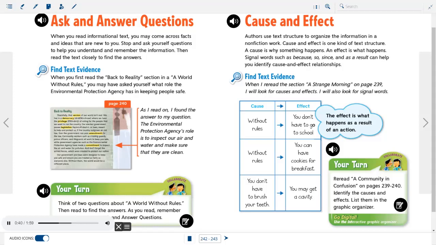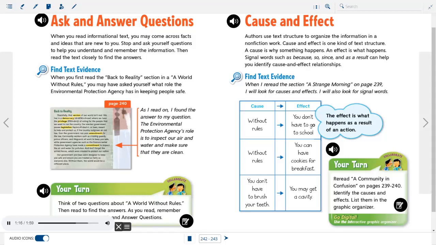Back to reality. Thankfully, that version of our world isn't real. We live in a democracy, where we have the privilege of voting for the people that we want to run the country. Our elected government passes legislation, or laws meant to help and protect us. If the country outgrows an old law, then the government can pass amendments to the law.